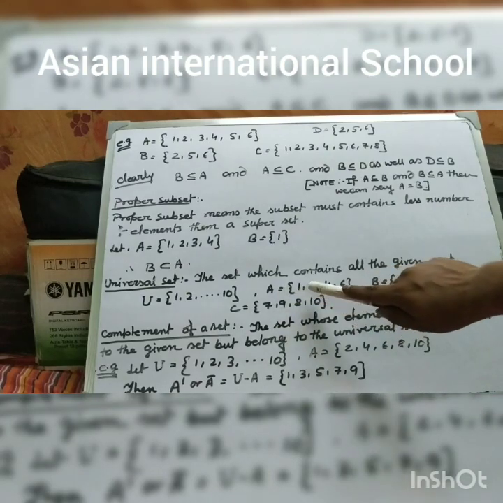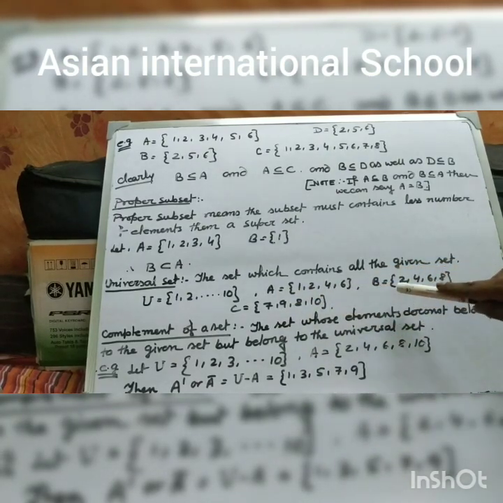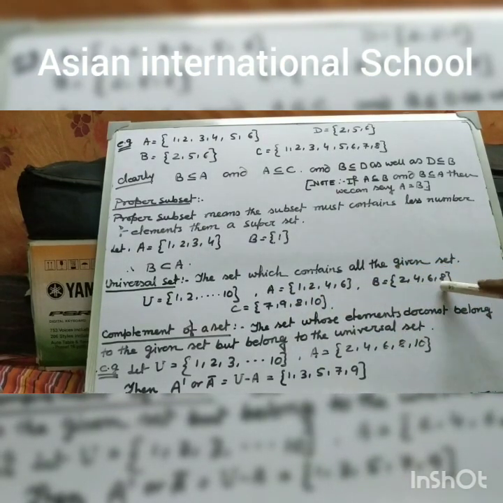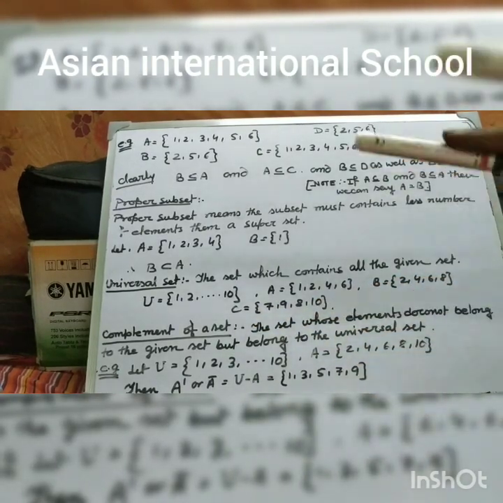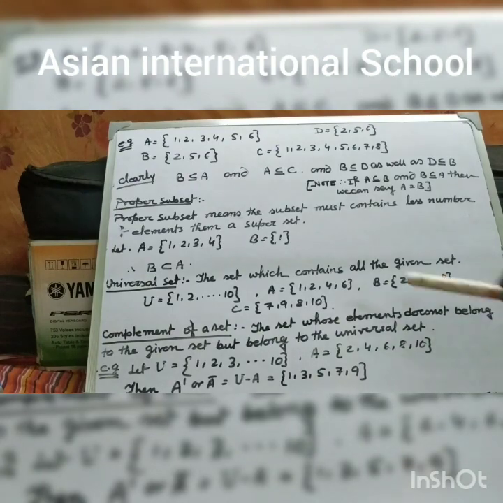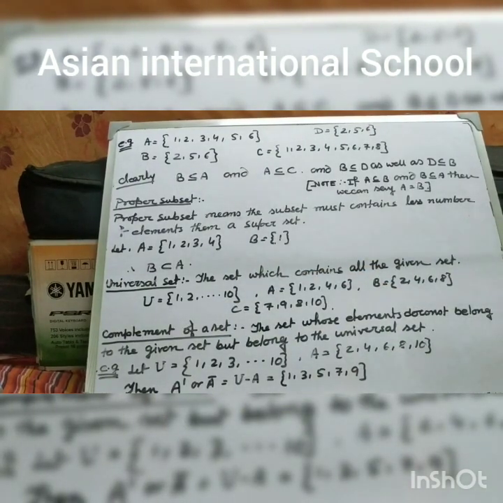And A is the set 1, 2, 4, 6. B is the set 2, 4, 6, 8. C is the set 7, 9, 8, 10. All the sets belong to that set. So universal set means the set which contains all the given sets.